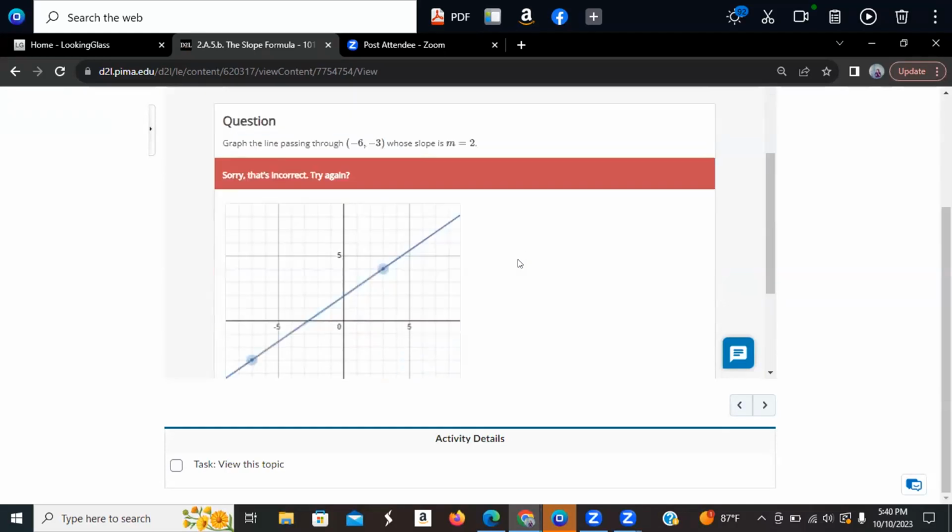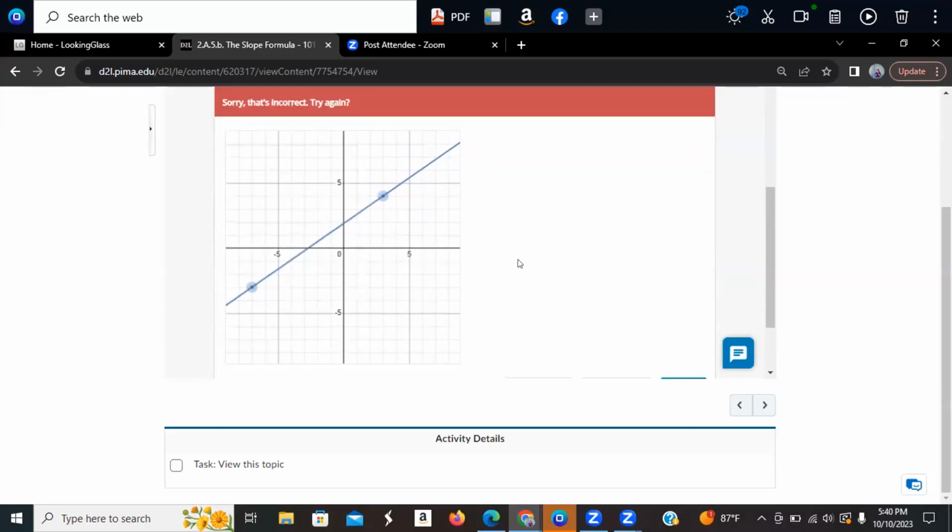No, no, no. You have to go back to the point that you started with. So from that point, go up 2 and right 1. You don't move it. You keep that point. You just move your cursor to where it should go. Like imagine you're moving it, but go up 2, right 1 from there.